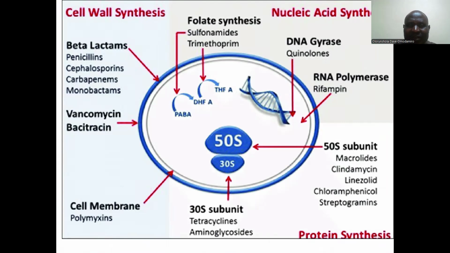Last lecture, we looked at anti-folate synthesis, and then we discussed sulfonamide and also trimethoprim. We also discussed the combination of these two antibiotics to form what we call cotrimoxazole.